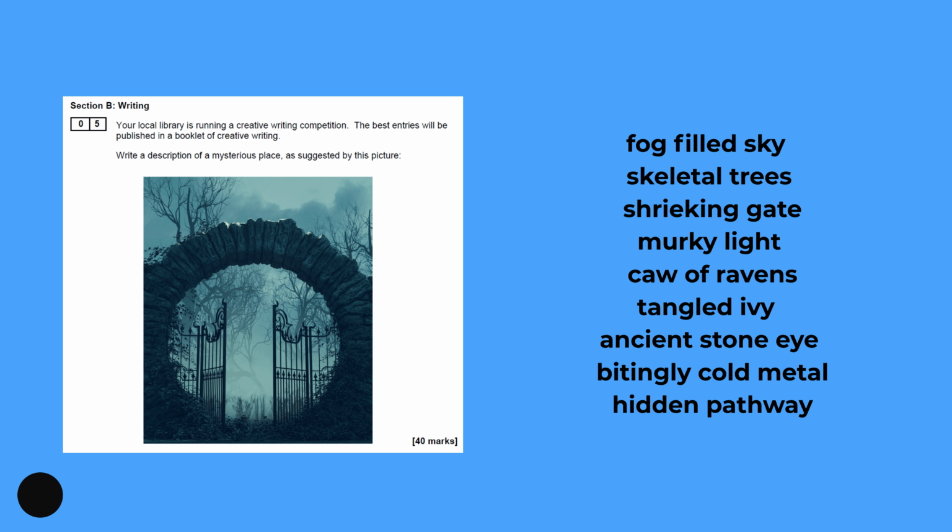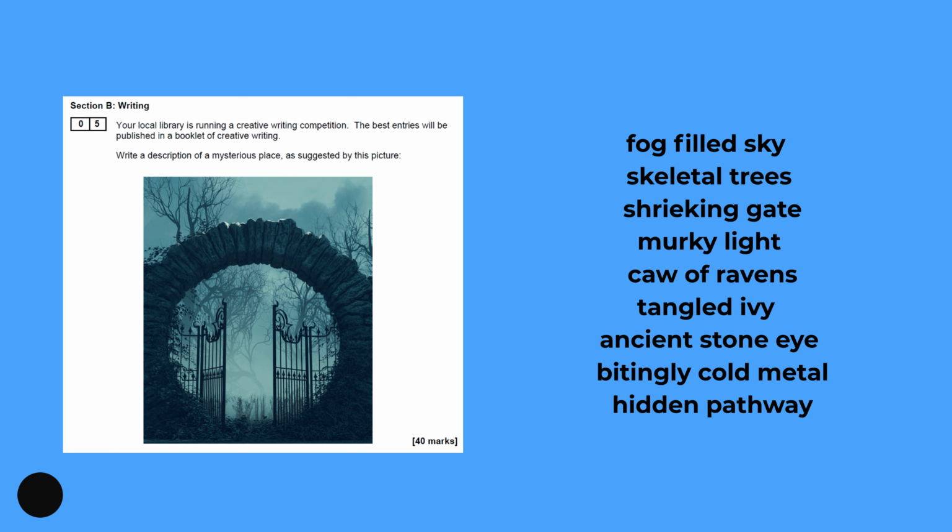So I've got fog-filled sky, which is obviously used some alliteration there. Skeletal trees, describing the trees, but also having a little personification in the way that they're described. The shrieking gate, so thinking about onomatopoeia and shrieking, but also personifying the gate as maybe something that's like an omen.